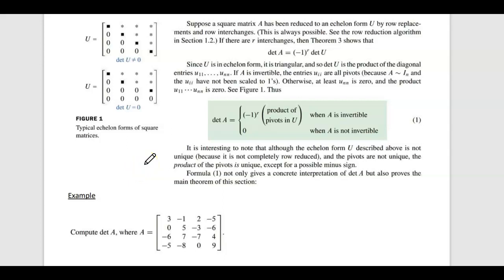So the product of the pivots is going to be a number that is unique to that square matrix, no matter what, except for maybe a plus or minus sign. Formula 1 not only gives us a concrete interpretation of the determinant of A, but also proves the main theorem of this section. And let's go ahead and look at this example.